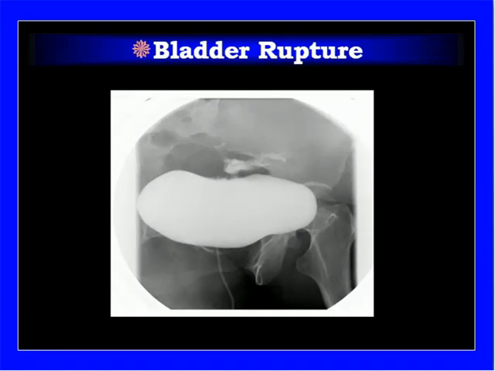In the next slide, a cystogram has been performed, an X-ray of the pelvis obtained. There you can see the extravasation of the contrast into the peritoneal cavity from the anterior surface of the urinary bladder, which shows a rupture or some injury.